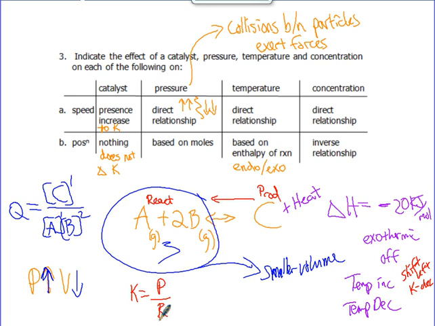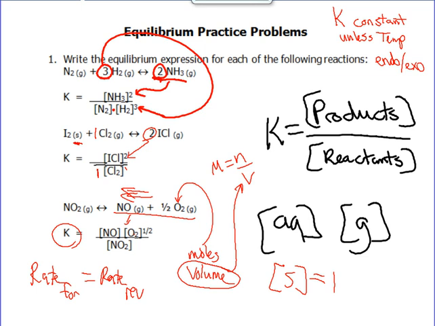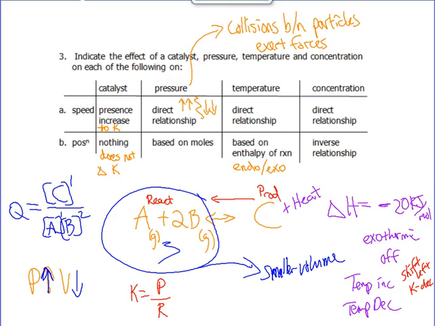And we said earlier at the very beginning of this that K is a constant unless the temperature is endo or exothermic. Well, here we are. It's not a constant because somebody's changing the temperature. And then we have to go through several logical steps. Let's do those logical steps in reverse.